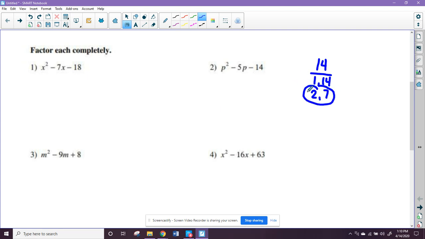We're going to have a positive 2 and subtract 7 from it to get negative 5, and then positive 2 times negative 7 gives us our negative 14 that we need. So we're just going to write it as our 2 factors, p plus 2 times p minus 7.